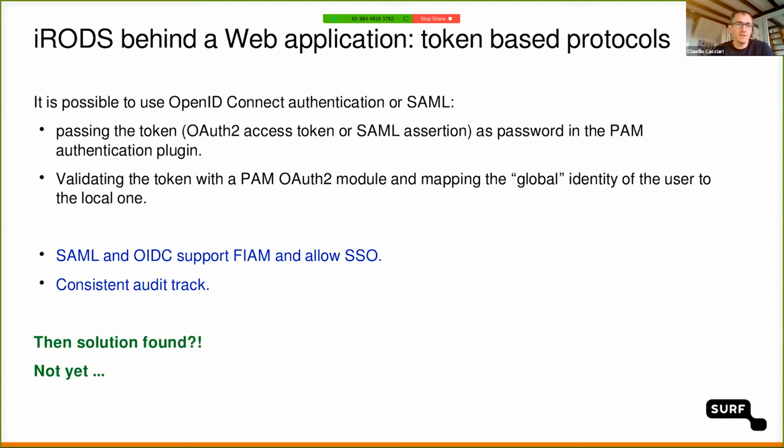Again, these protocols, SAML and OIDC, support federated identity management and also single sign-on. So that would be fine. And we would also have a consistent audit track, so we are able to log who is doing what in the system. So apparently we have found the solution, but not yet really.